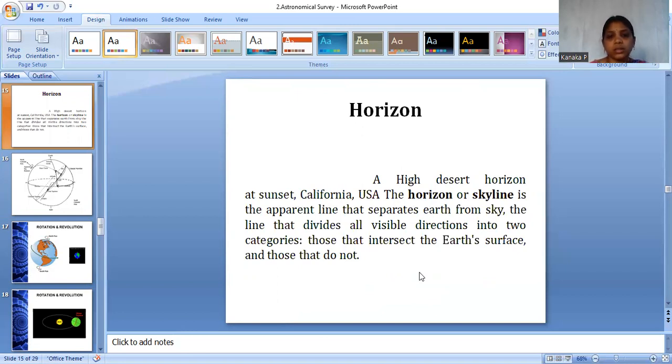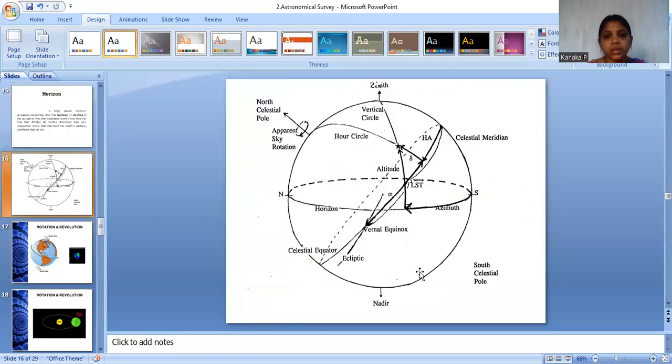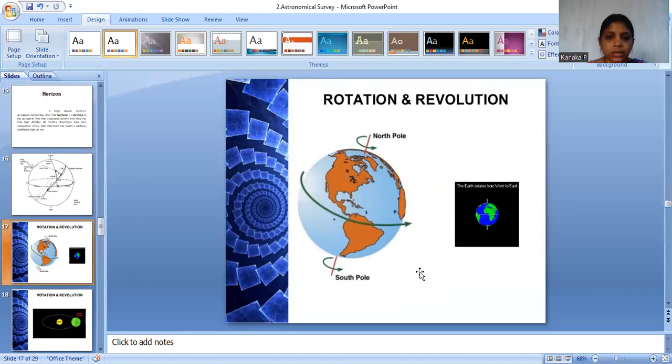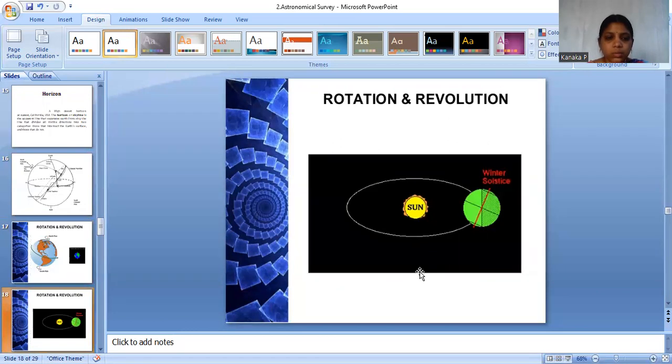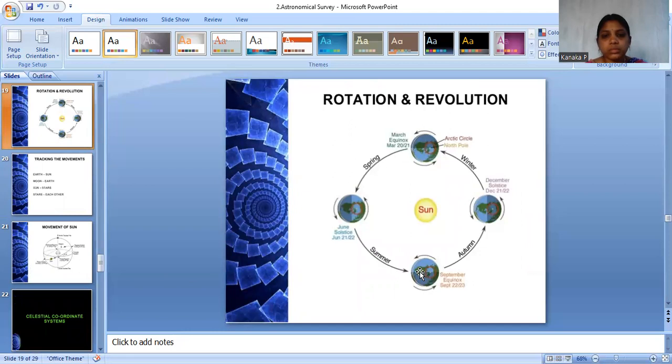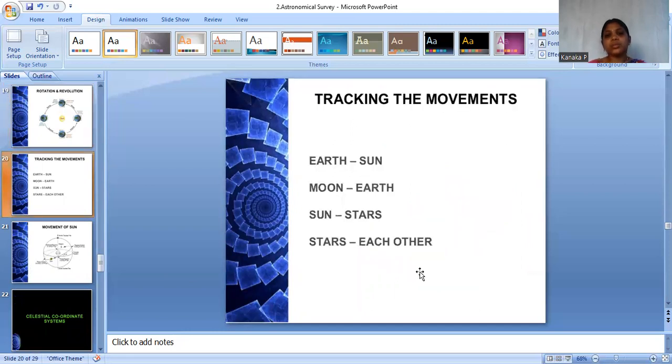So next, the celestial sphere, south celestial pole, celestial meridian, vertical circle, hour circle, north and south celestial poles, apparent sky rotation, horizon. Then the ecliptic, rotation and revolution, tracking the movement of earth to sun, moon to earth, and sun to stars relative to each other.